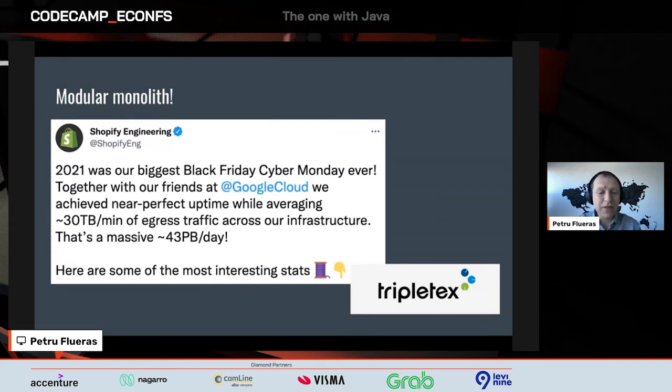They achieved 30 terabytes per minute of egress traffic. That's really a lot. If I didn't tell you it's served by a monolith, you wouldn't believe me. That's massive. It's around 43 petabytes per day.